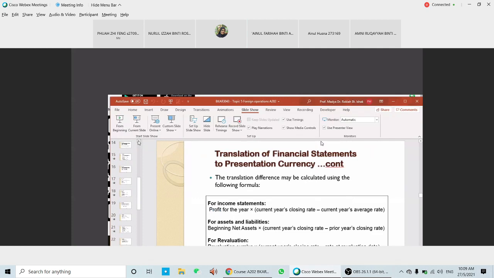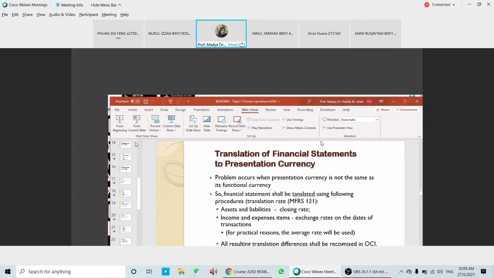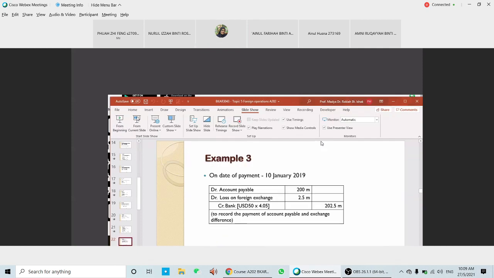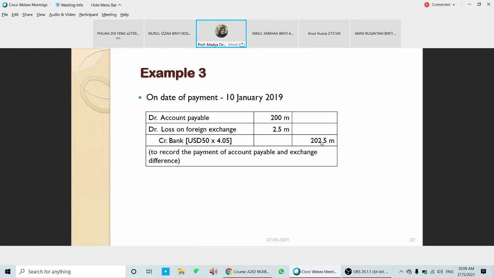Slide 20, after example 3. Okay, so we have done this one. So we're going to proceed with the next notes that you have.